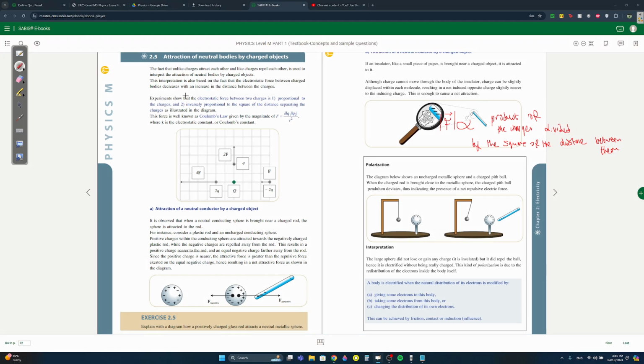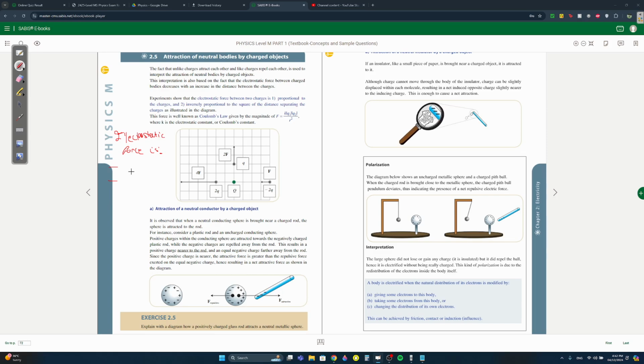So experiments show that the electrostatic force between two charges is proportional to the charges and inversely proportional to the square of the distance separating the charges. Honestly, I think this is a question. They're going to put it like this: electrostatic force is, and you have to choose correct answers, select all that apply.